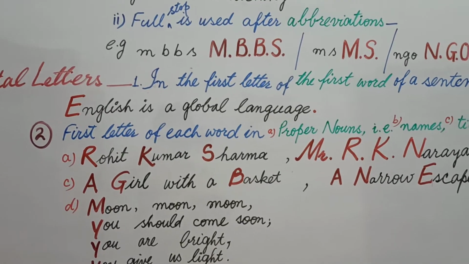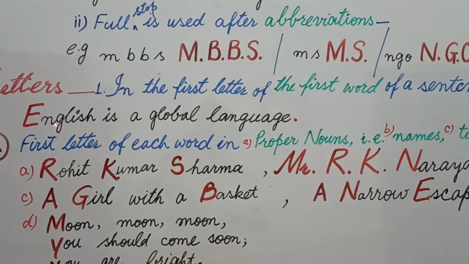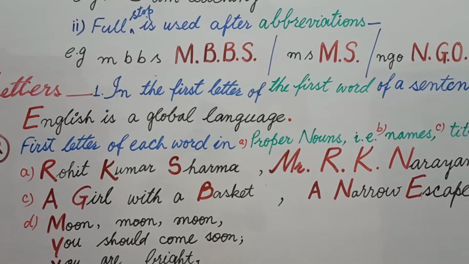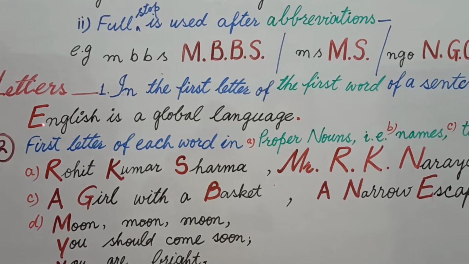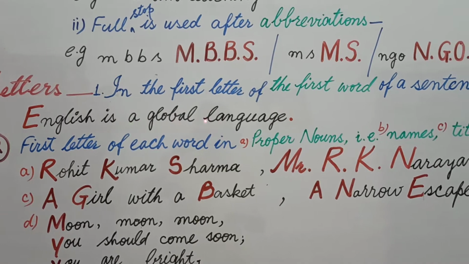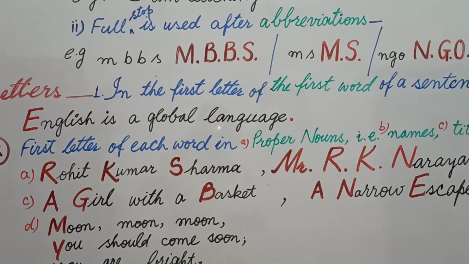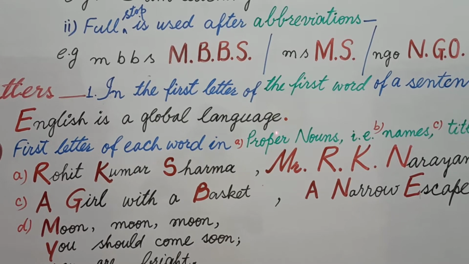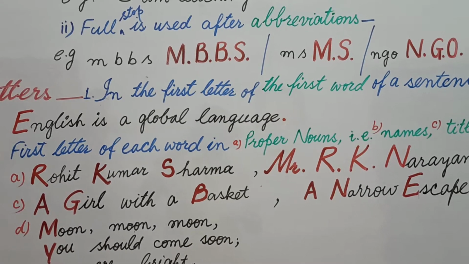It means the first letter of the first word should be capital, whether it is a proper noun or not. E is capital here: English is a global language. This is an assertive, affirmative sentence, and the full stop is placed here at the base of the small letter.